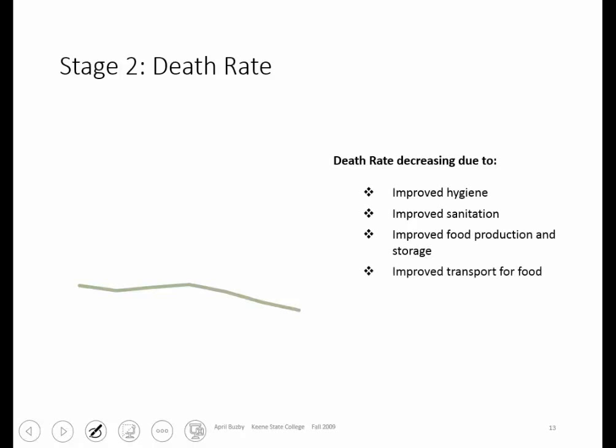Improved transportation for food. Moving food from one place to another is important because you don't starve. There's no famine, because food can be transported as far as 4,000 or 5,000 miles. Very important.